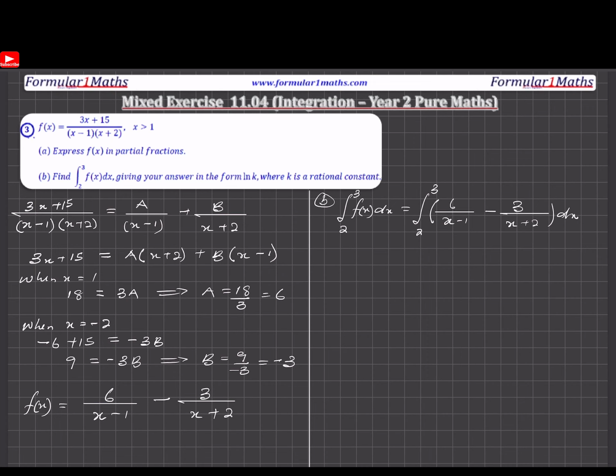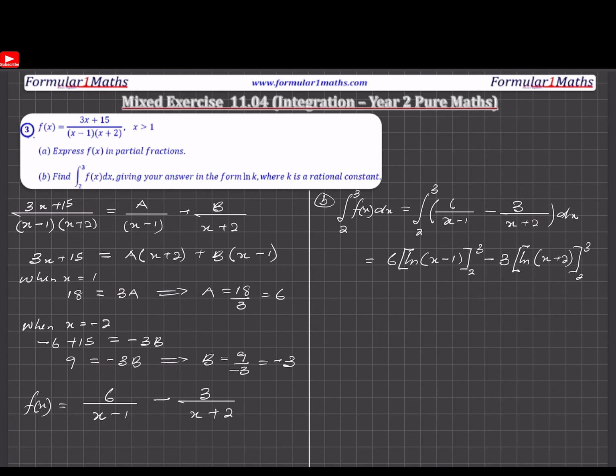So if I integrate, I'm going to get 6 ln of x minus 1, all of that between the limits of 2 and 3, minus 3 ln of x plus 2, again, all of that between the limits of 2 and 3.